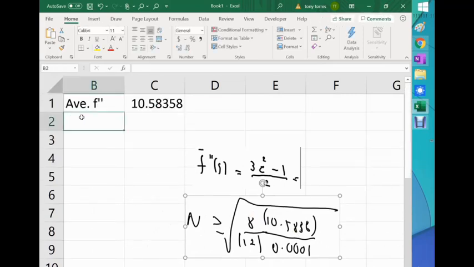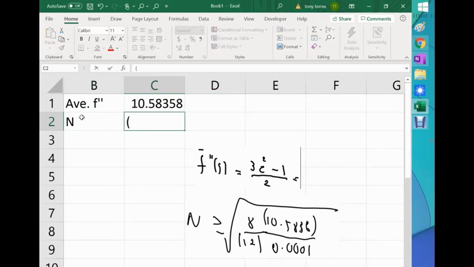Okay, so the value of n that I require is, let's put a parenthesis here, that would be 8 times 10.5836. But basically I can use this one, but I'm using the one that I wrote here just because, well, I don't know, let me think about it.